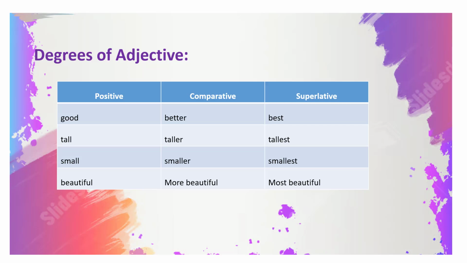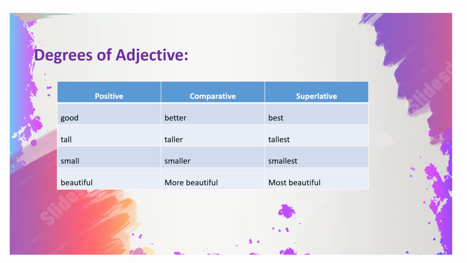The next is tall. He is a tall boy. Comparative degree is taller. We can say that he is taller than his friend. Superlative degree is tallest. We can say that he is the tallest boy among his friends. The next is small, smaller, smallest, beautiful, more beautiful, most beautiful.